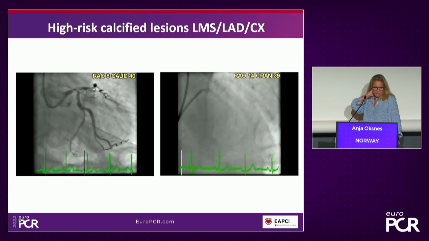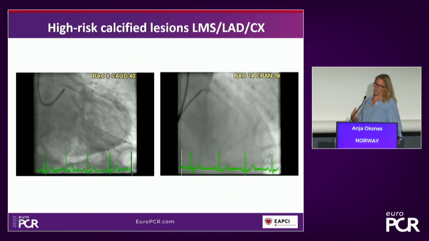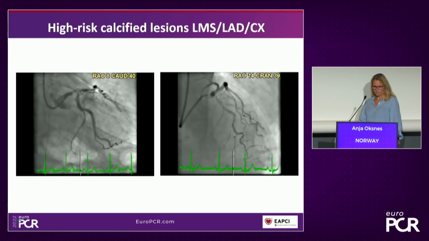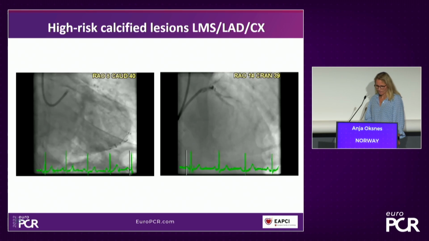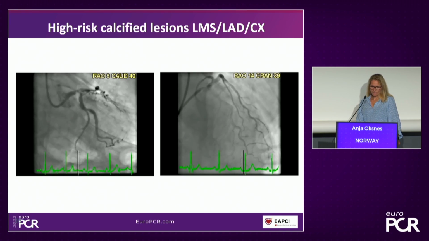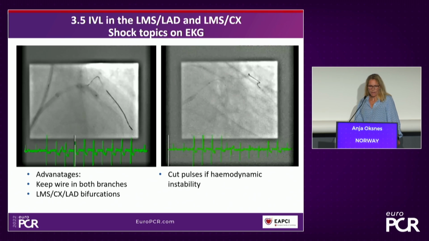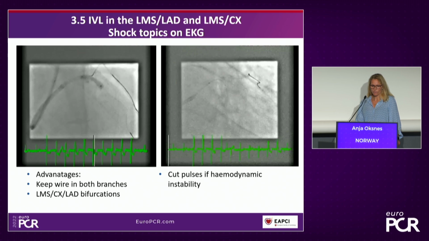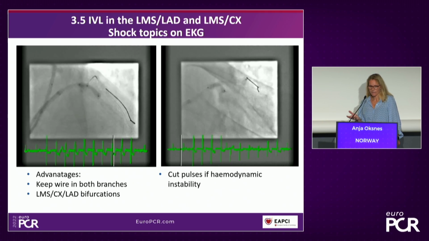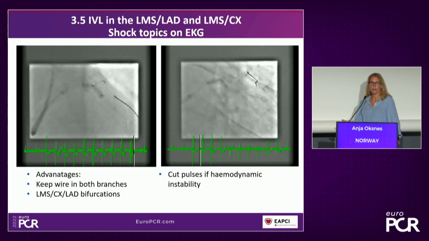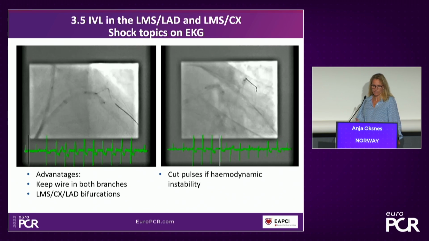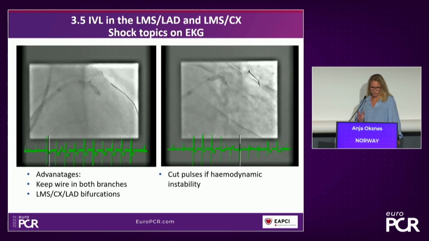So this is a high-risk calcified lesion of the left main, LAD and circ system, and you can see the massive calcium here. This is a 3.5 IVL catheter. The advantage of this device is that you can keep your wires in both branches when you have this kind of proximal bifurcation.